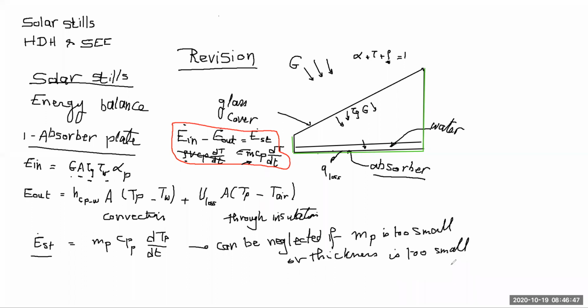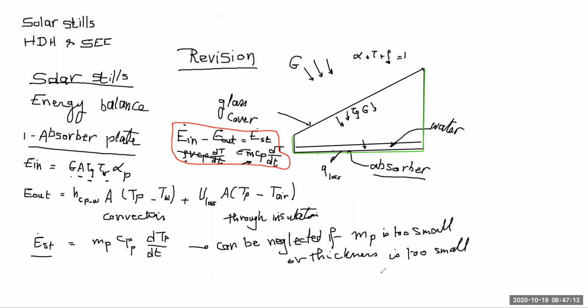So if you have a question that says you have a thin plate, then this is a sign that, because it is thin, it does not store energy, and accordingly, you can neglect the storage term. The same thing applies for the glass. If the glass is thin glass, then you can neglect the storage term.